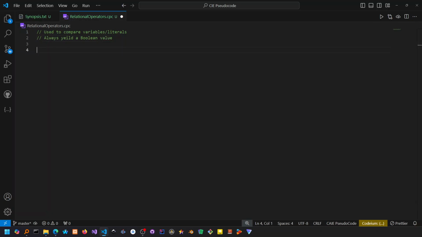So the first one is the greater than, which is the right angled bracket. Then we also have the less than, which is the left angled bracket.